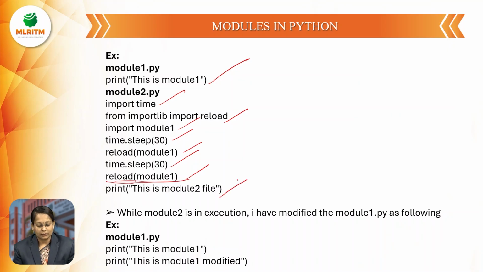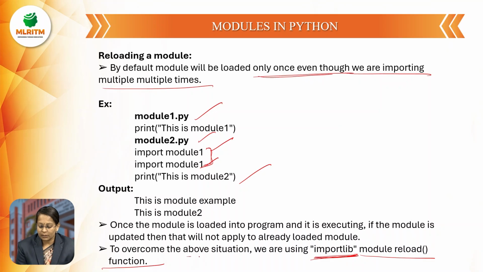What is the above situation? Once the module is loaded into the program and it is executing, if the module is updated, the update will not apply to the already loaded module.